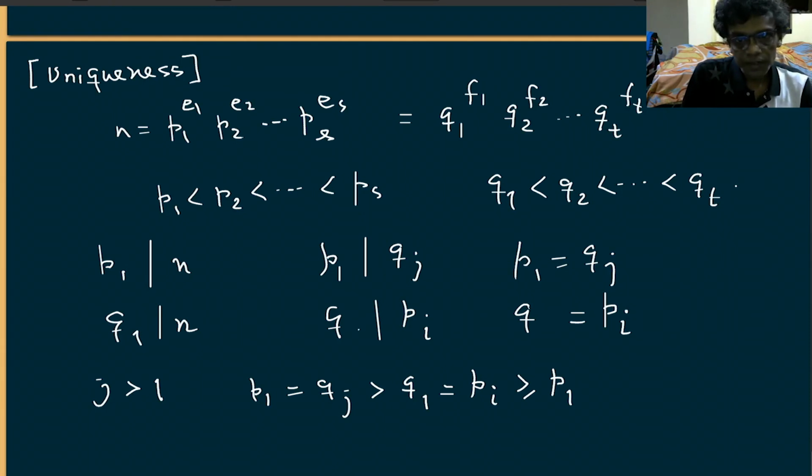Likewise, Q1 divides n, so it must be equal to some Pi. If j is greater than 1, then P1 is equal to Qj, which is greater than Q1, and Q1 is equal to Pi, which is greater than or equal to P1. So P1 is greater than P1, which is a contradiction. Therefore, I must have j equal to 1. Okay. So this is almost done.